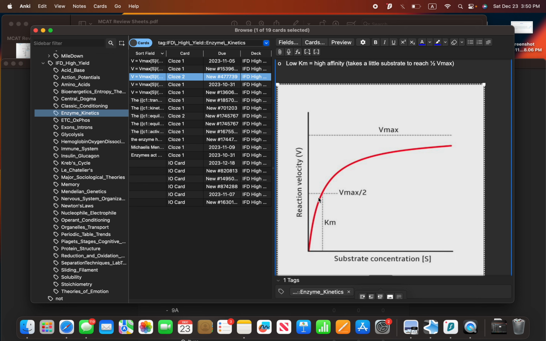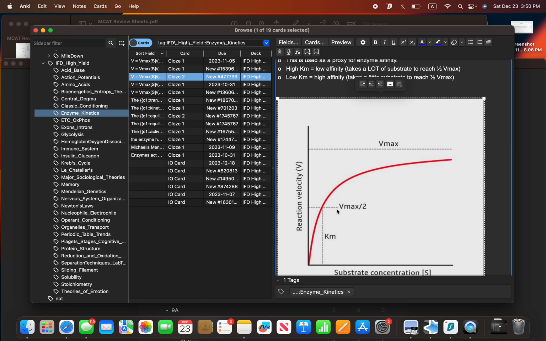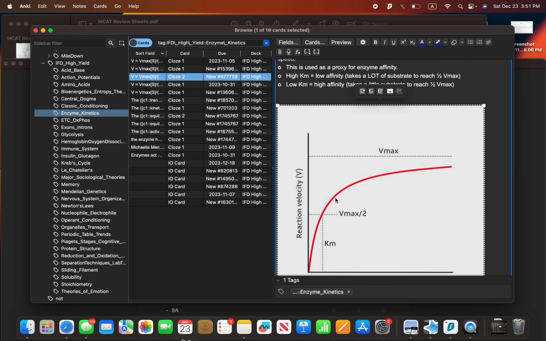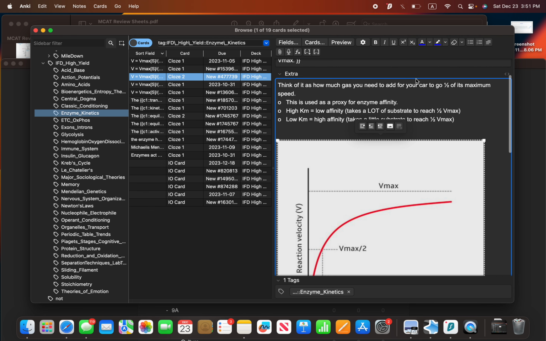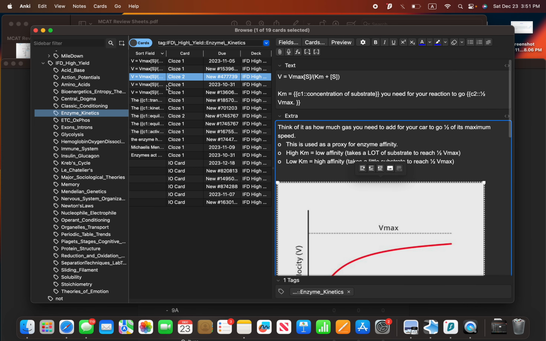It wants to bind to the substrate very quickly. And the opposite, if the Km is here, it means it's slower. So the substrate takes longer to attach to the enzyme. So the Km is higher, which means the affinity is low. So it takes a lot of substrate to reach half of Vmax. Again, Km represents enzyme affinity.